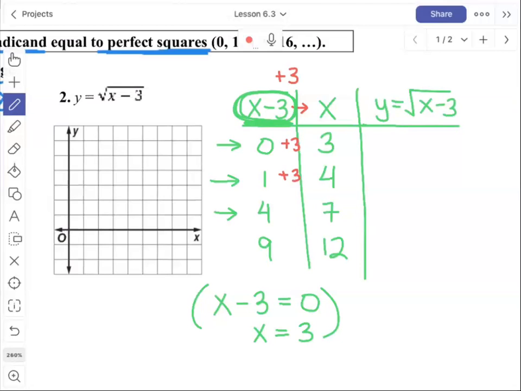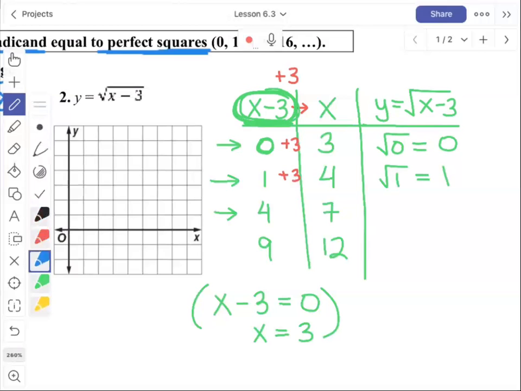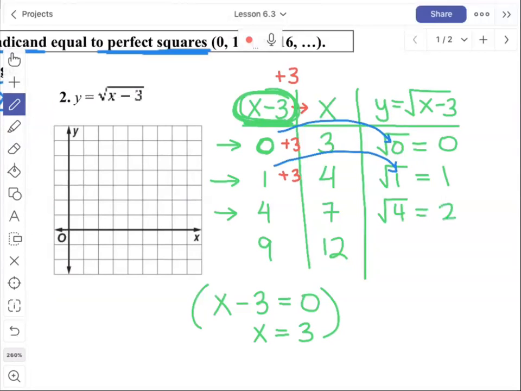When x was 3, my radicand was 0, so this is just root 0, which is 0. This one is root 1, so that's 1. The next one is root 4, so that's 2. And root 9, I get 3.